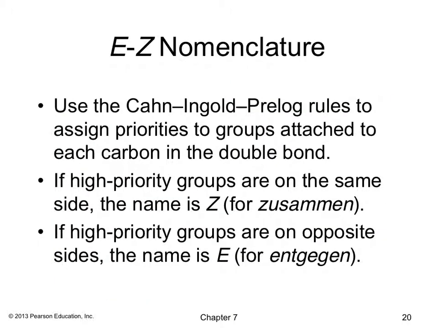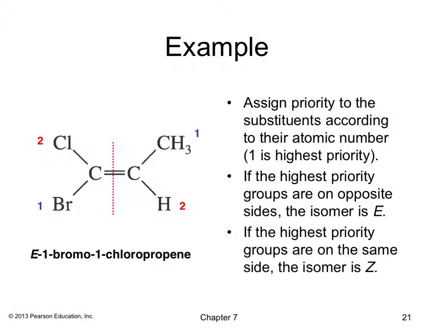E-Z nomenclature. Here we use the Cahn-Ingold-Prelog rules to assign priorities to the groups attached to each carbon. If the high priority groups are on the same side, the name is going to be Z, for zusammen. And if the high priority groups are on opposite sides, the name is E, for entgegen. So here's an example.